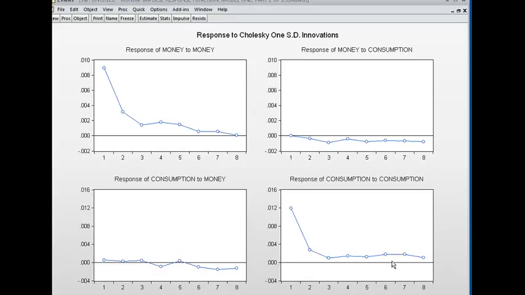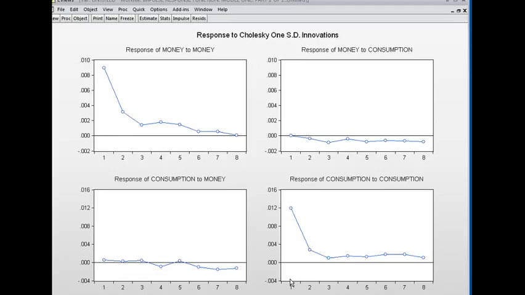What does zero line mean? At the zero line, if we go up it is a positive response, if we go down it is a negative response. So in that way we can interpret the results for the next 8 months.